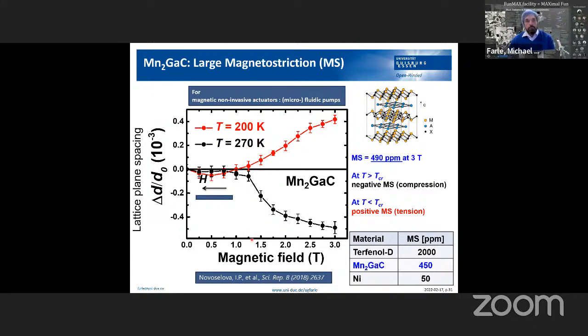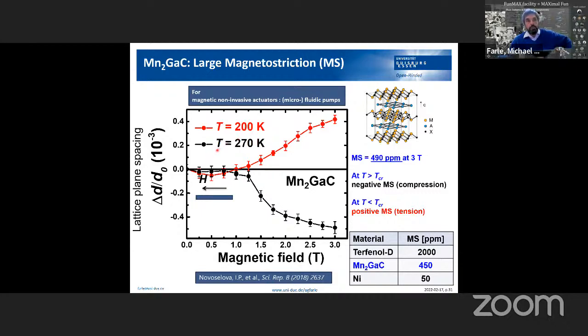And then if you increase the field to 3 Tesla, the magnetostriction turns positive. So you have a material which compresses as a function of field and then expands. Well, I think this is fun. This sounds like a pillow to me, a magnetic pillow. And note, this is at a measurement temperature of 200 Kelvin.